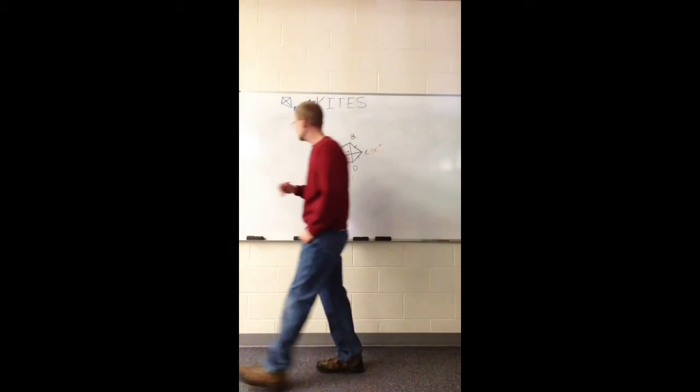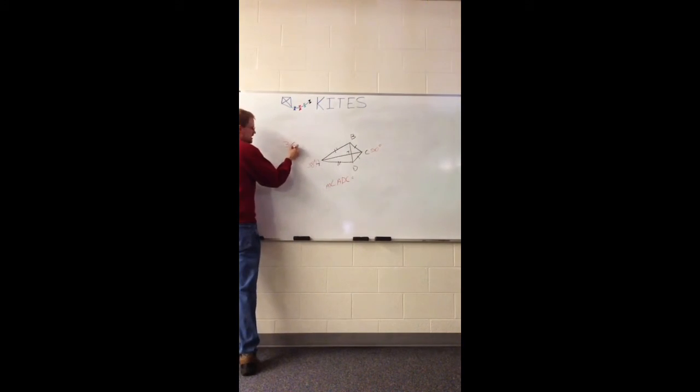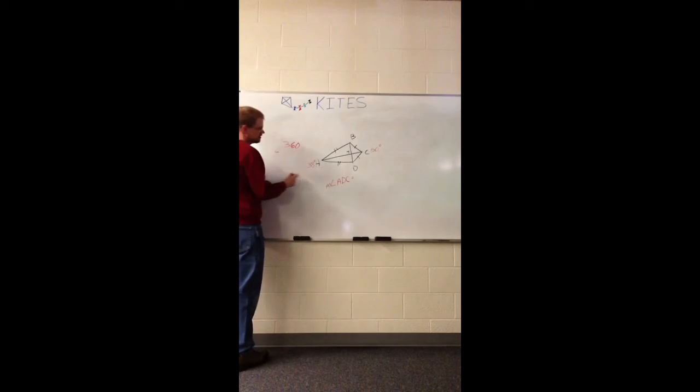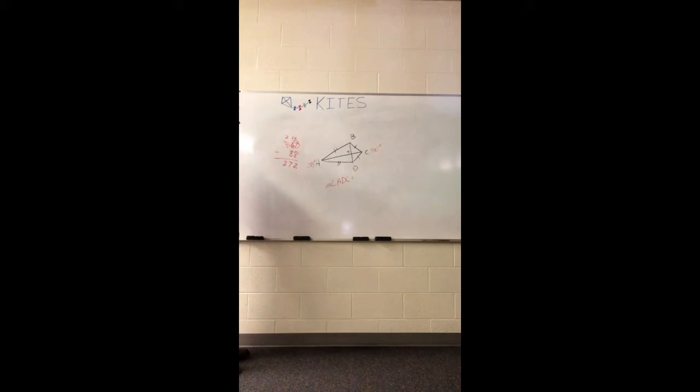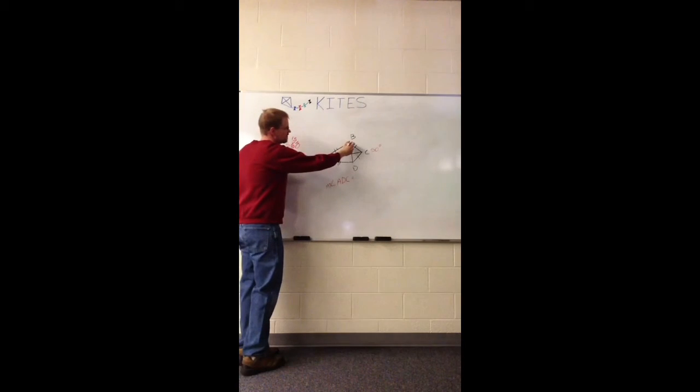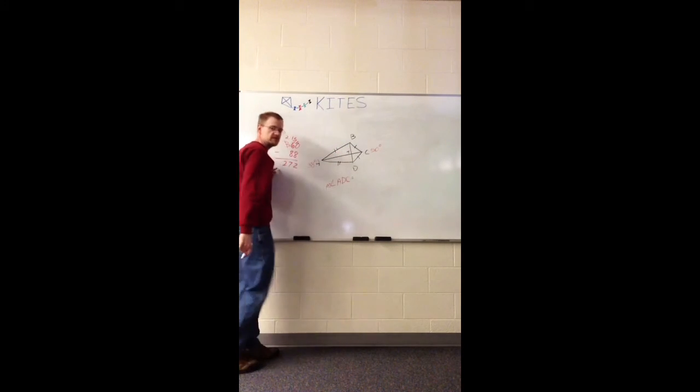So let's do that real quick. That'll be 360 minus 38 plus 50, which is 88. Okay, so we got 272 degrees. So, this angle and this angle add up to 272.